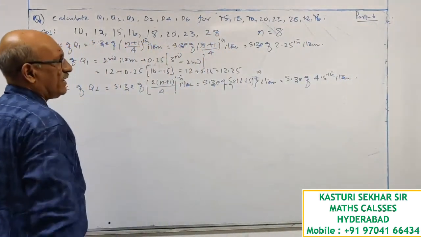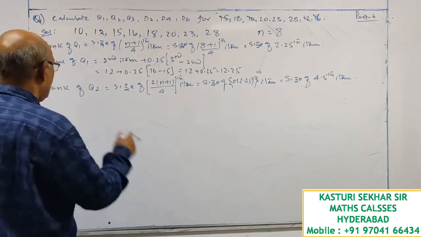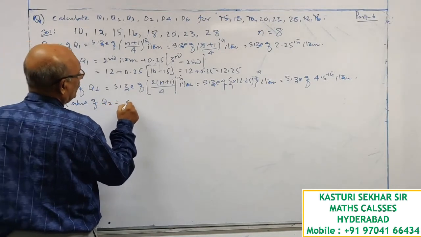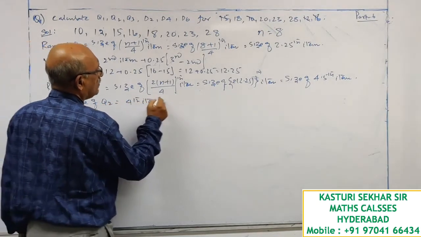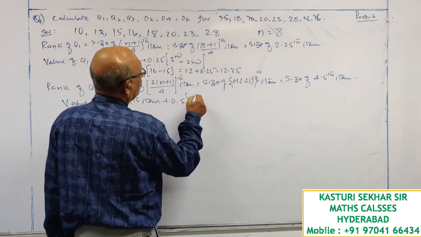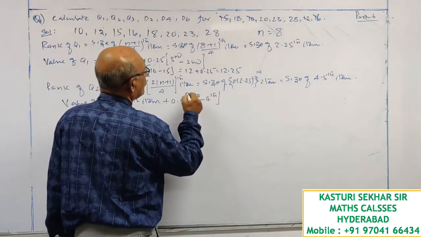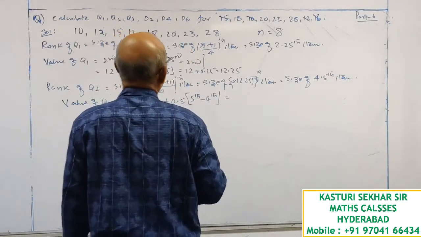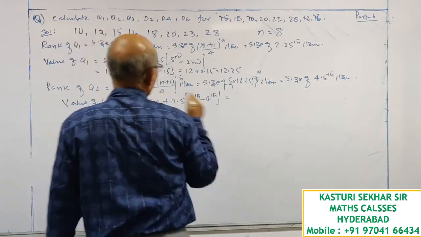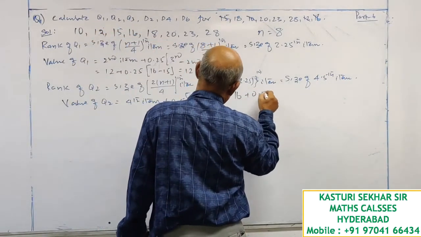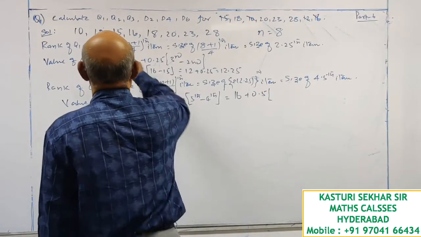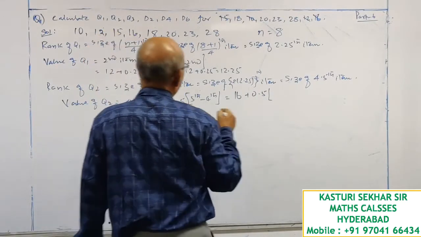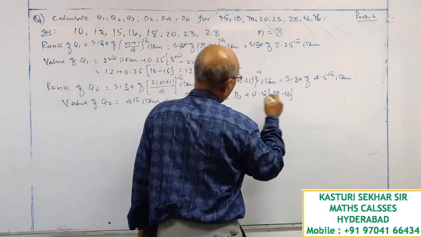Now rank is identified, means where it lies is calculated. Value of Q2 is equal to 4th item plus 0.5 into 5th minus 4th. 4th item is 16 plus 0.5 into (18 minus 16).